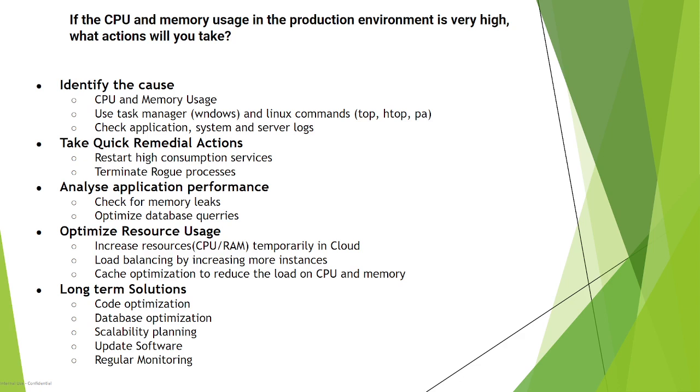This can be done through Task Manager in Windows and by using commands like top, htop and ps in Linux, and you can also check the application and system server logs. In the Windows Task Manager, you can see which process is consuming more CPU. You can go for end task, close that task, and reduce the CPU and memory usage.